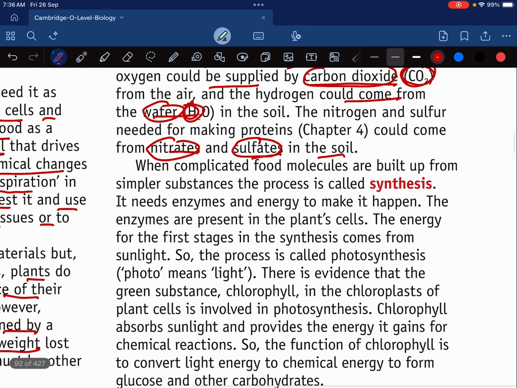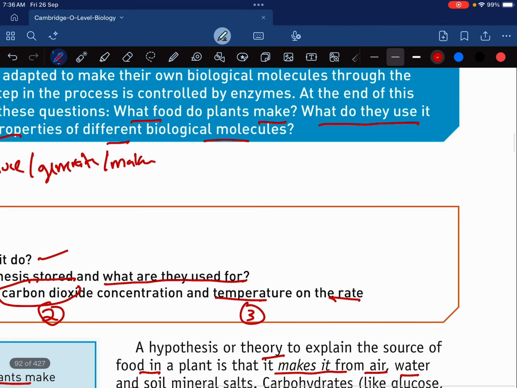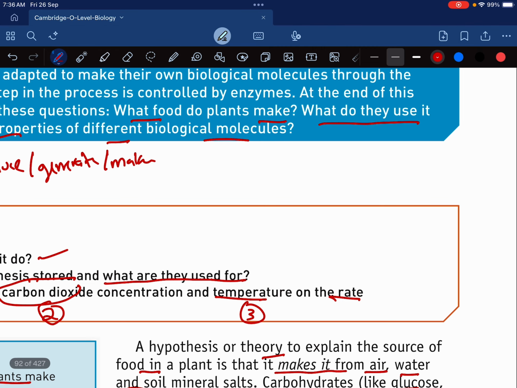When complicated food molecules are built up from simpler substances, the process is called synthesis, right? Like if we are joining multiple glucose molecules together, at some point we have multiple polymers of glucose, right? Which we just studied in different chapters. Some are cellulose, some are glycogen, or you could say starch as well.